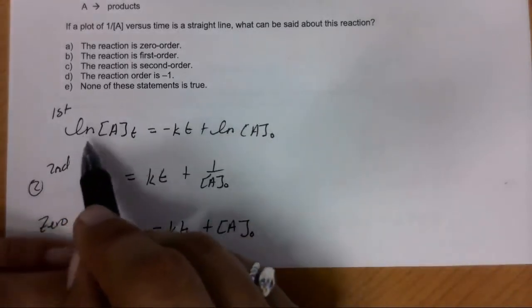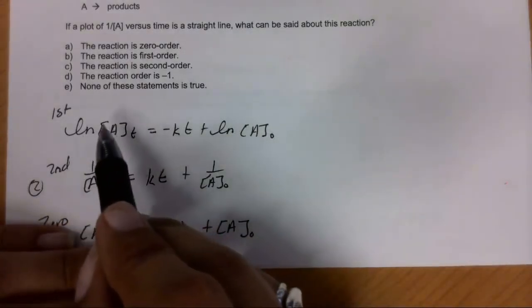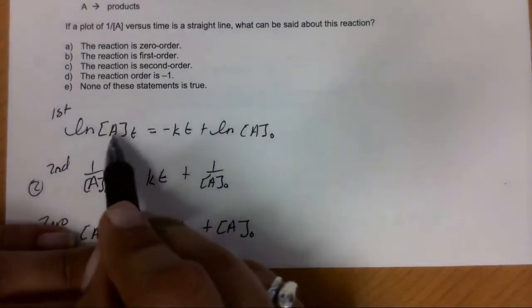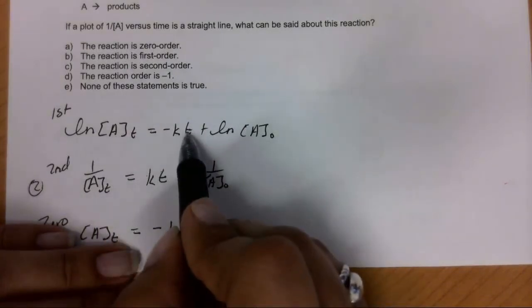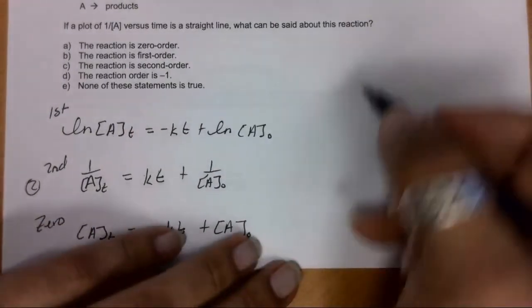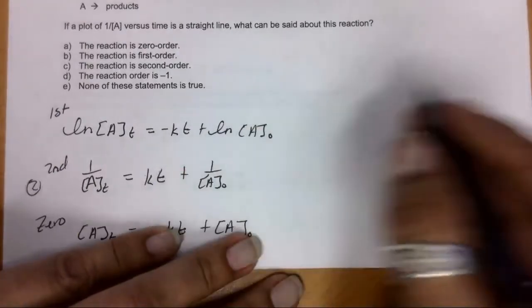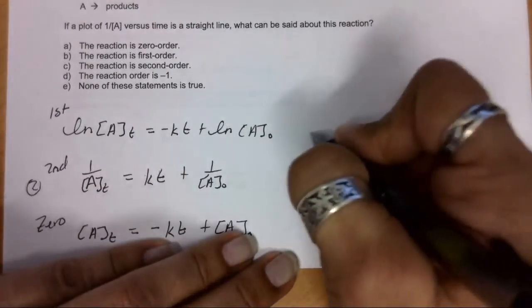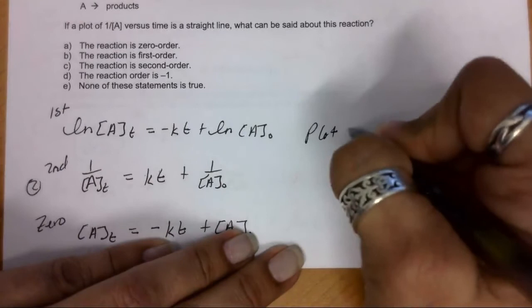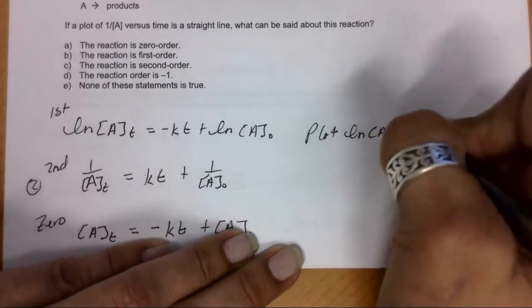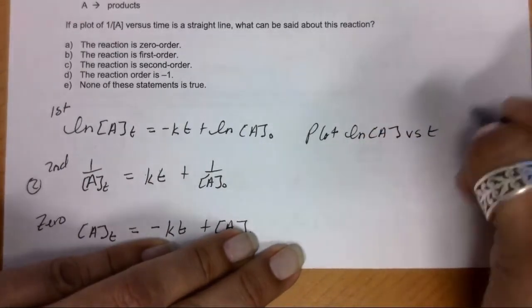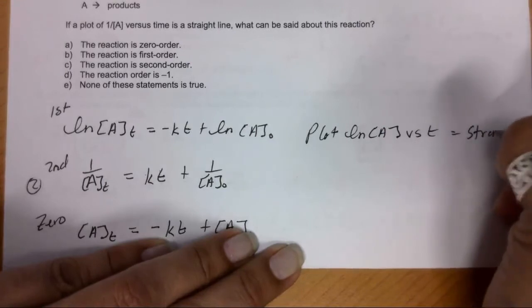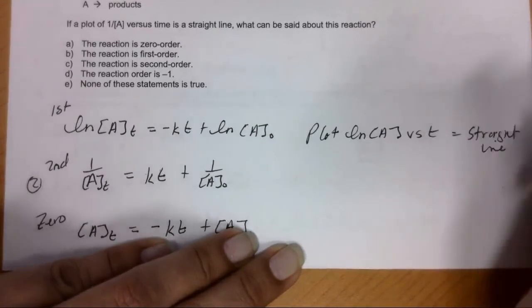So if I were to plot the natural log of the concentration of A versus time, what do I get? In order for me to get a straight line, this is what I have to do. If I plot the natural log of the concentration of A versus time, I'm going to get a straight line for first order.